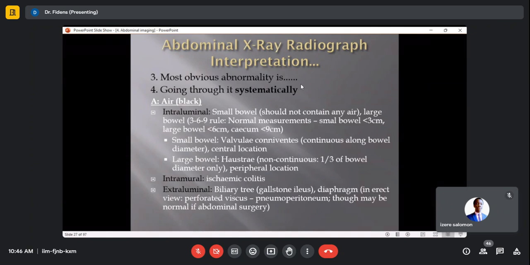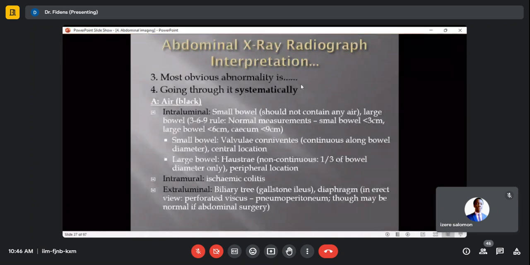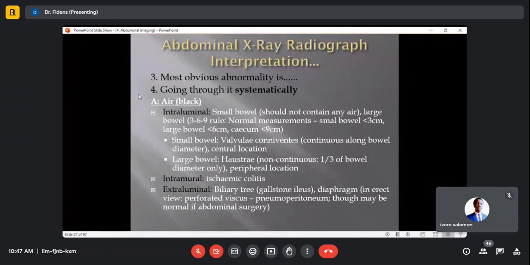Here also in the abdomen, if there is intestinal distension or dilatation, that's the bigger picture. When I'm reporting, I can see there is intestinal distension or dilatation, and after that, you can go for smaller things. So that's the system, how you interpret. Start by the most obvious abnormality.